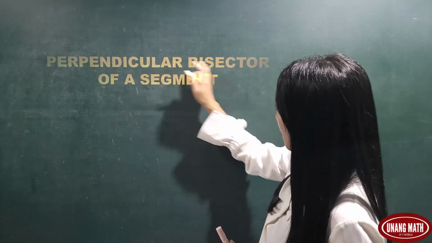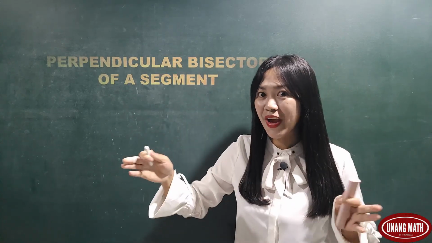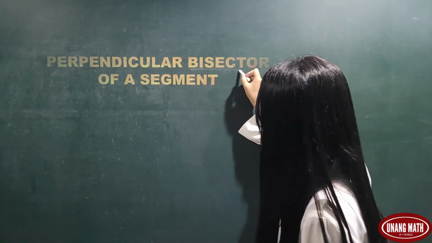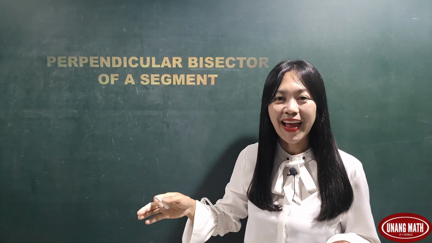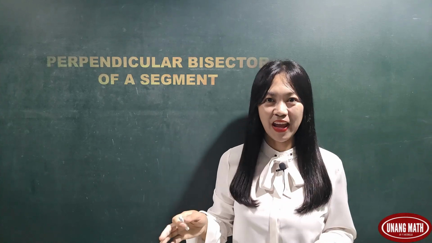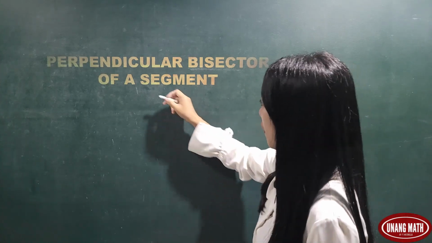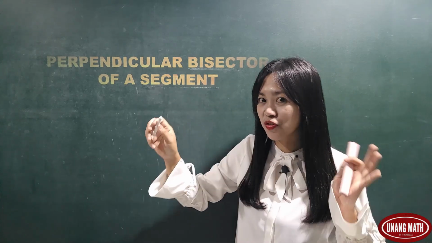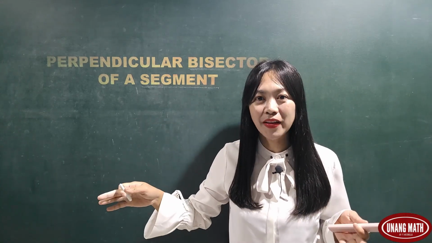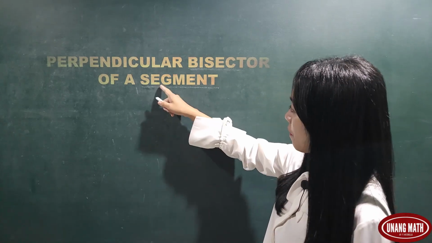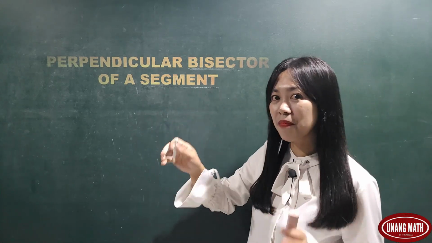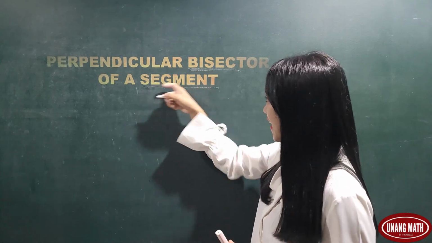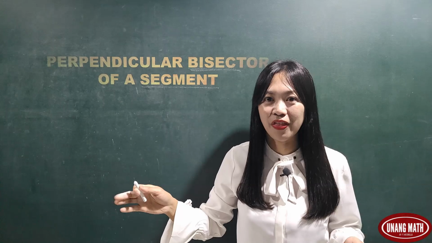Okay, perpendicular bisector is a straight line, and this straight line bisects or divides another line into equal lengths. If we will recall, a segment is a straight line that has a starting point and an end point. Since it has a starting point and end point, that means we can bisect or divide a segment into equal lengths.